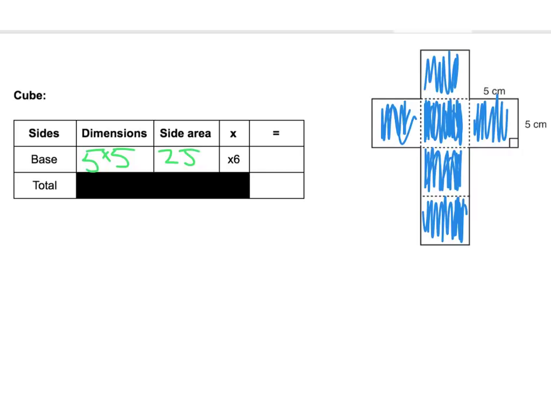And when we multiply 25 by 6, then we should get 150 square centimeters. And since we don't really need to add anything together, our total surface area is also going to be 150 square centimeters.